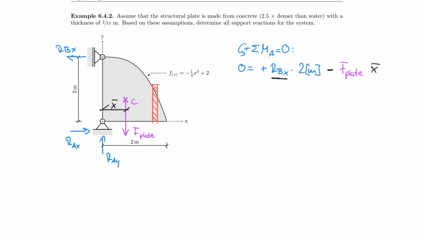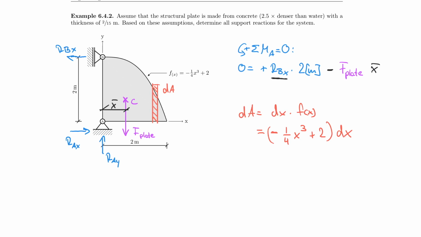I'm going to call that dA. And dA is really nothing else than base times height. So dx times f of x, which then ultimately turns into, and notice there's a negative, minus 1/4 x to the 3 plus 2 times dx. That is my area element.